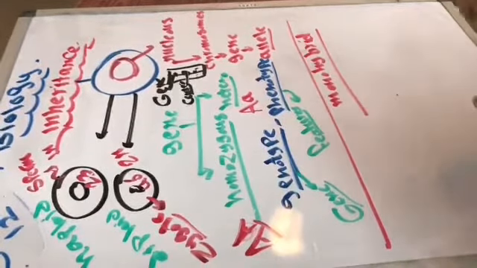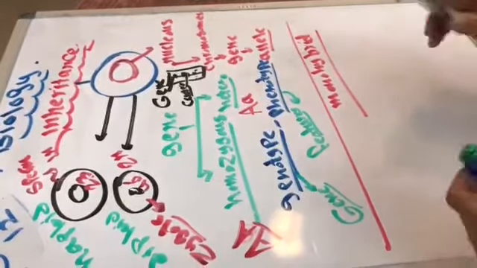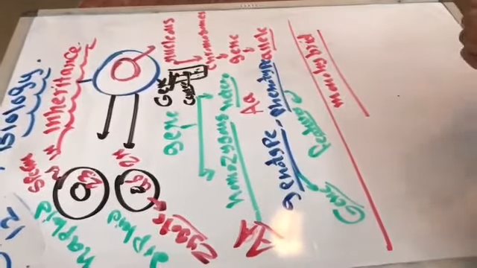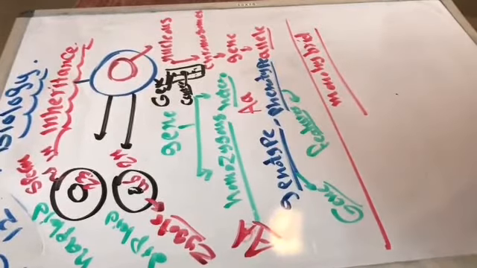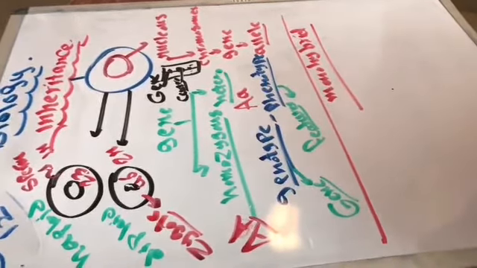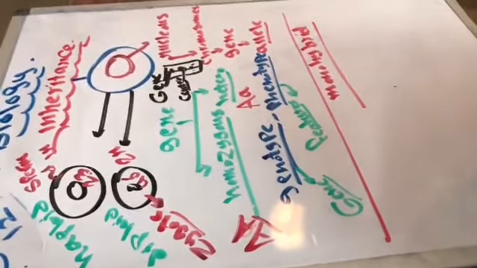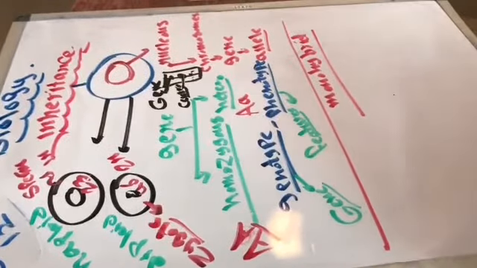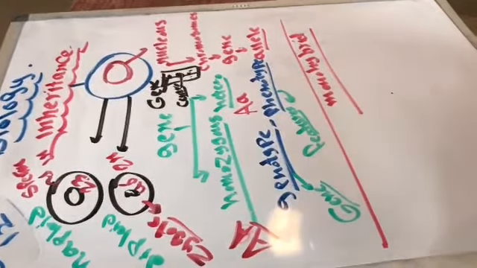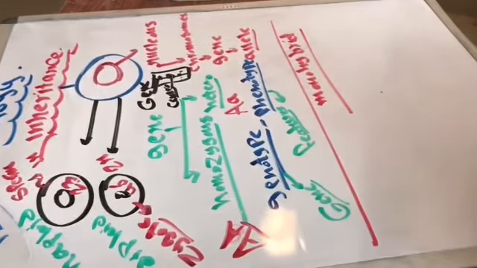But I give you a small history about the mechanism of inheritance, which was discovered by one person who studied a kind of plant, the pea plant, in his garden.